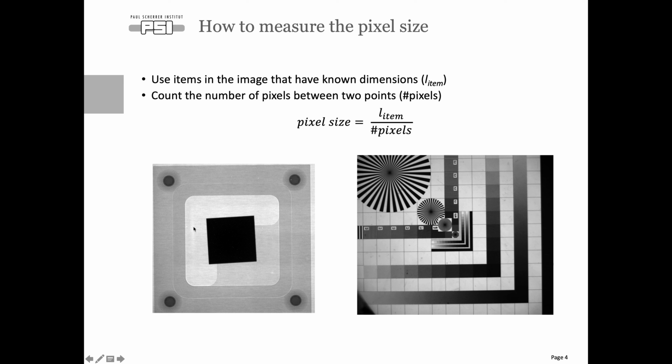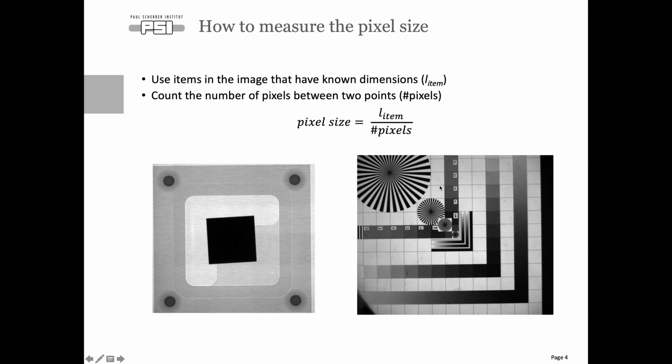Down here you can see two different kinds of objects. One is the edge object from the IAEA test sample box, which some of you maybe have already seen. This item has a size of 15 millimeters, so this is a very good starting point.